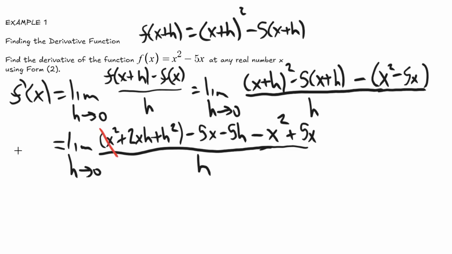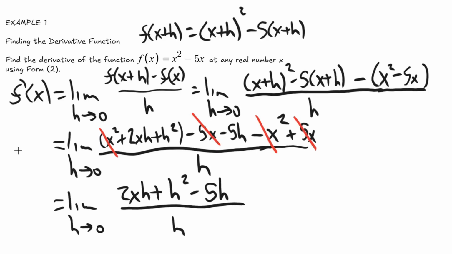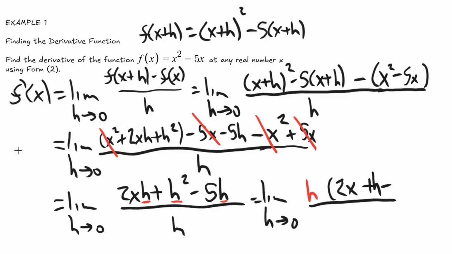These x squareds are going to cancel with one another. The 5x's will also cancel with one another. So if we just clean this up a little bit, this last step here, we notice that you have a factor of h in every term in the numerator, so we can factor that out. And that factor of h will cancel with the factor of h in the denominator.